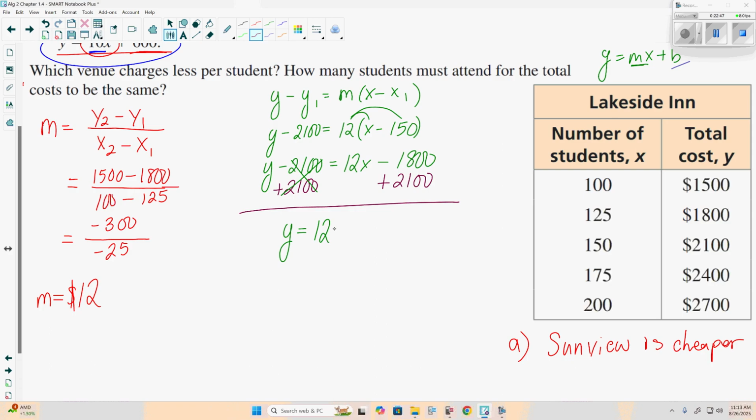And when we add the 2100 to the right-hand side, the negative 1800 and the 2100 are like terms, so we can add them together. This would be positive 300. So our equation for Lakeside is y equals 12x plus 300.